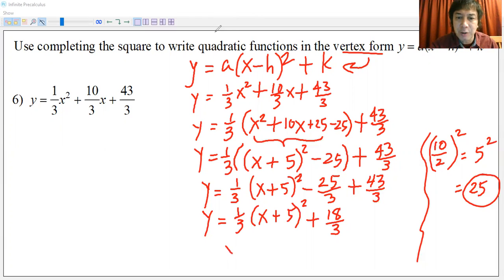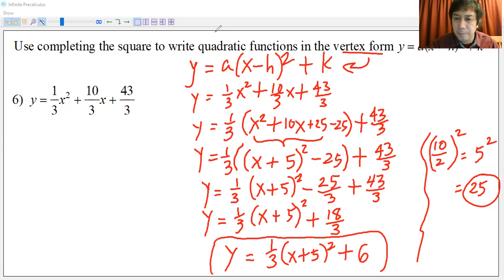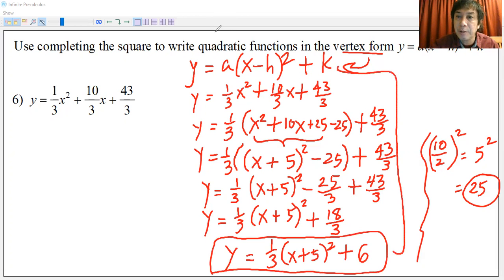So our final answer will be y is equal to 1/3 times the quantity x plus 5 squared plus 6. There. All right, that should be it. All right, that is our vertex form, and it resembles the format on top, okay? Take note, it resembles the format on top, there, okay?